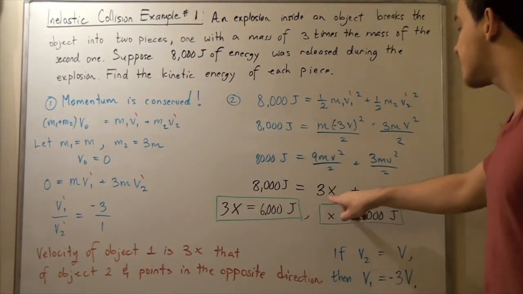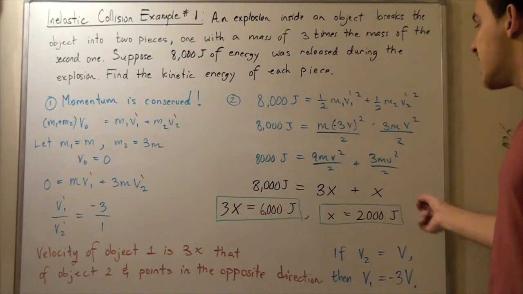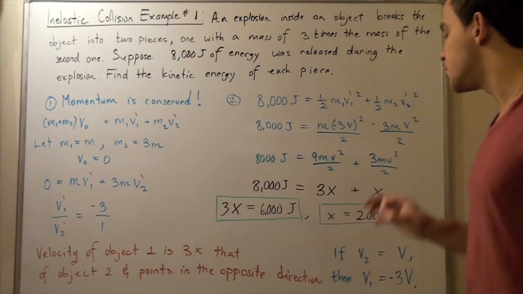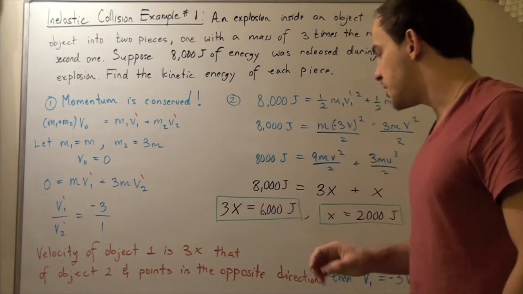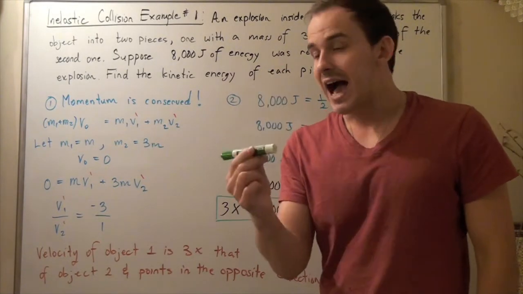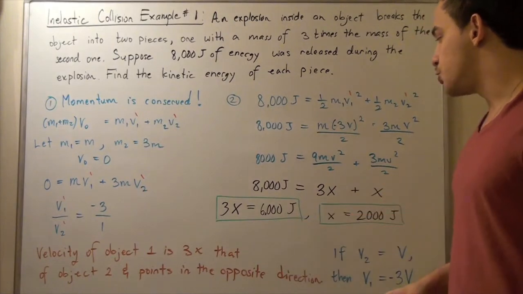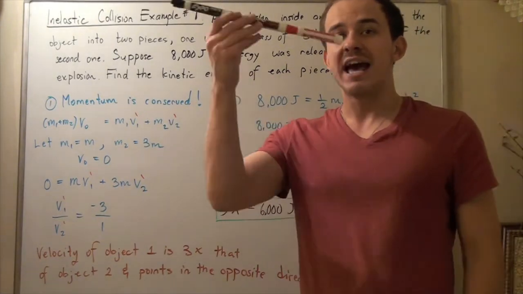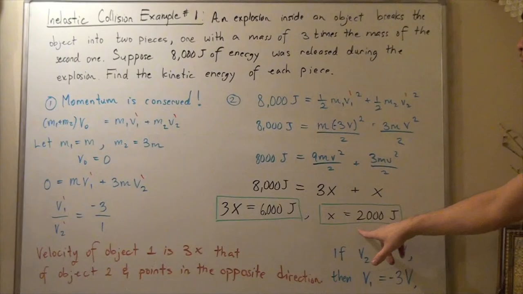And I find 3x plus x equals 4x, and x must be 2,000. So the kinetic energy of this object traveling faster and lighter is 6,000 joules, while the kinetic energy of the heavier object is 2,000 joules.